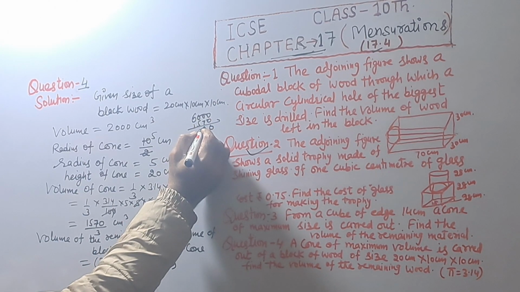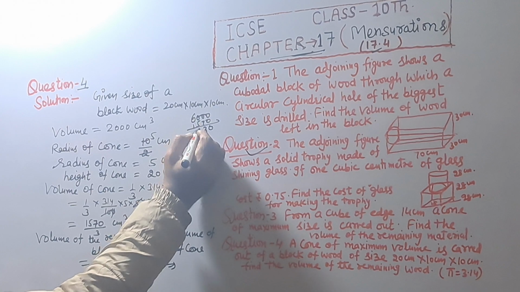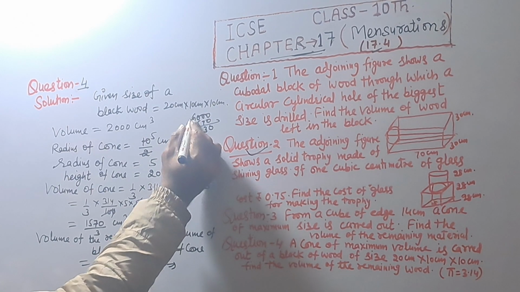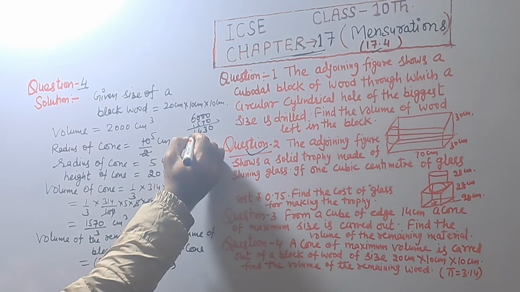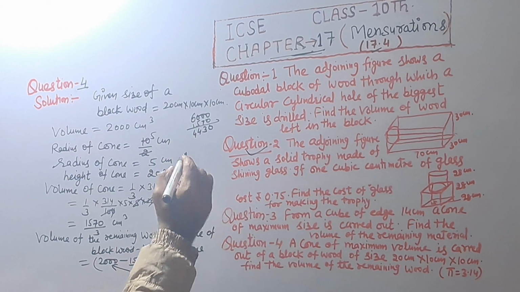10 minus 7 is equal to 3. 9 minus 5 is equal to 4, and 5 minus 1 is equal to 4.